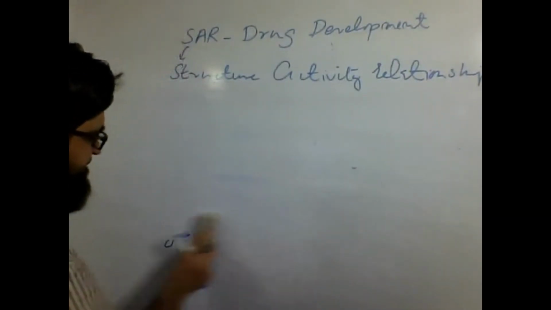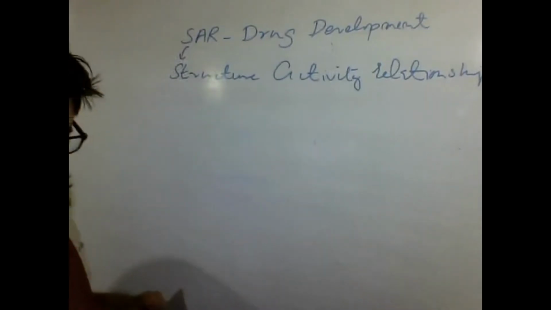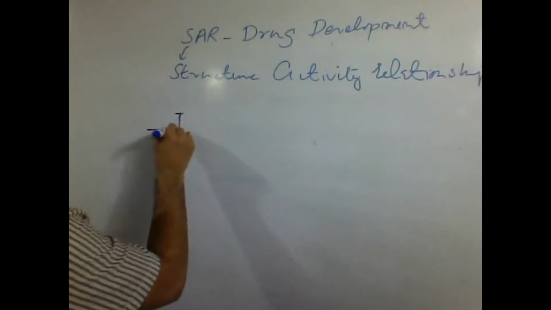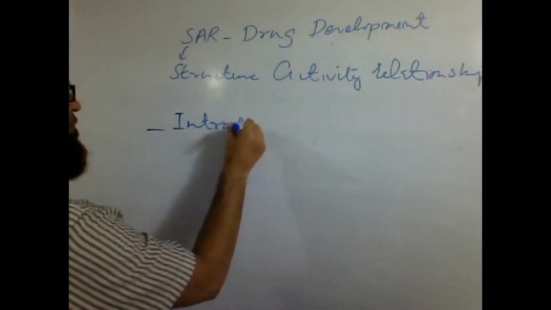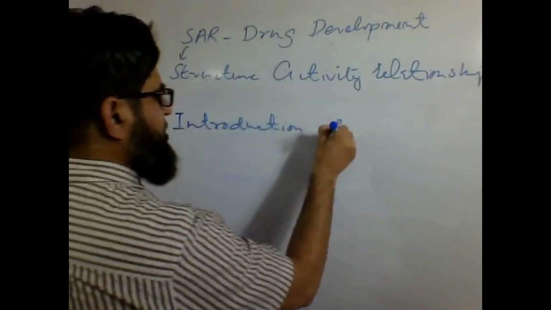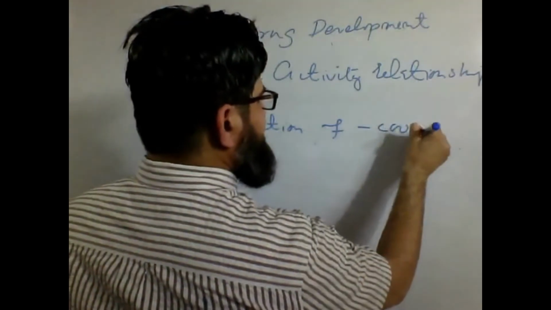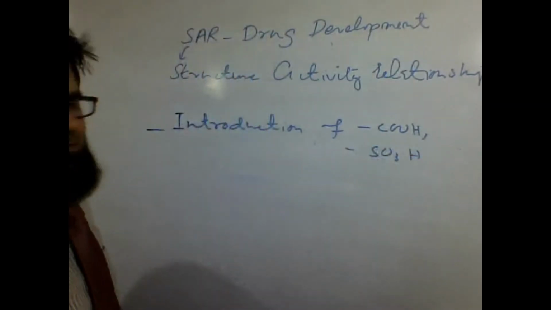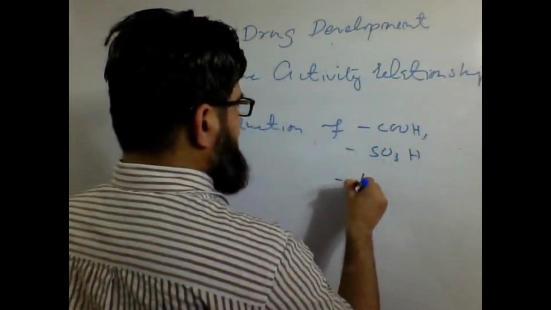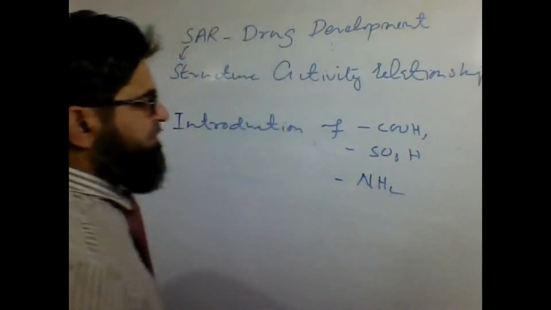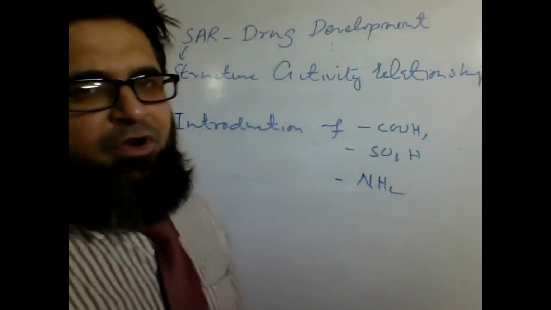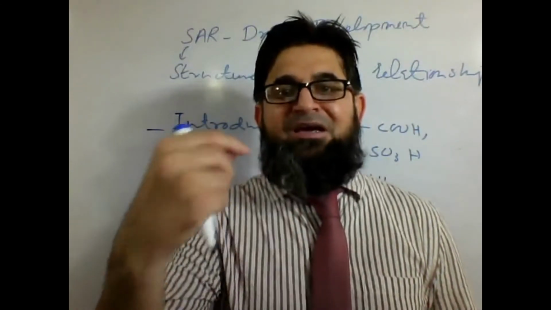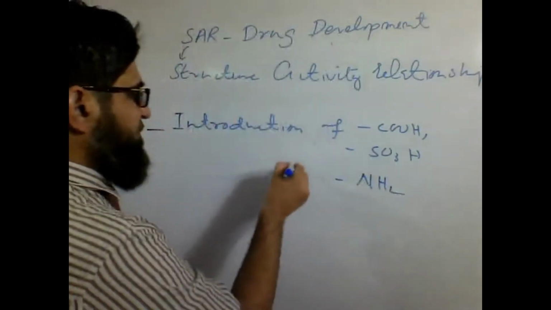Similarly, introduction of acidic groups or introduction of basic groups could also be done in order to increase the polarity of the molecules, in order to increase the hydrophilicity of the molecules, you know.